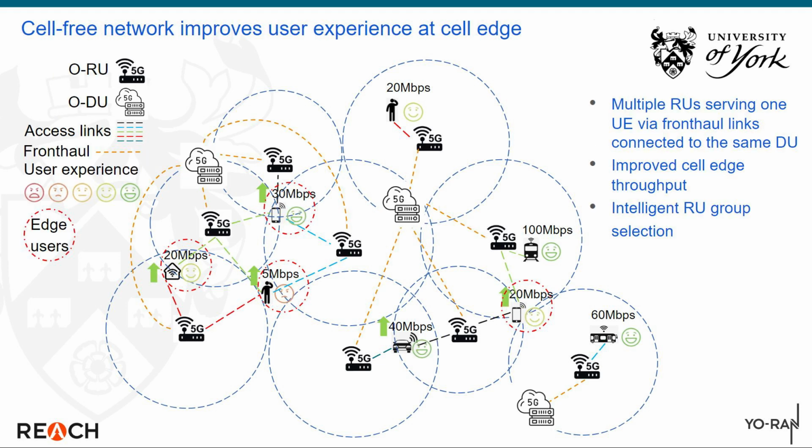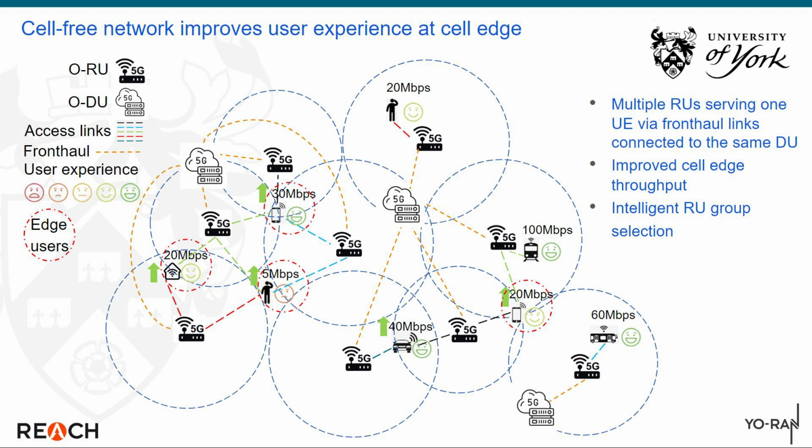To tackle such an issue, academia established the concept of cell-free networks, which eliminated the cell boundaries and therefore no more cell edge users. A cell-free network uses a group of radios rather than a radio associated with a single cell to serve a user, therefore significantly boosting the signal power and quality of service, particularly for the cell edge users of a conventional cellular network.